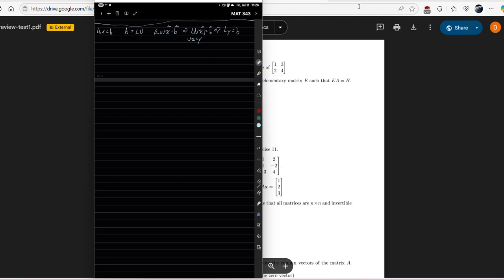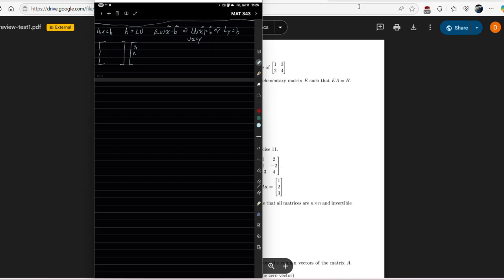So Ly equals B. Now Y is a matrix in this case. We just don't know what it is. It actually should be a vector, but we'll get back to it.